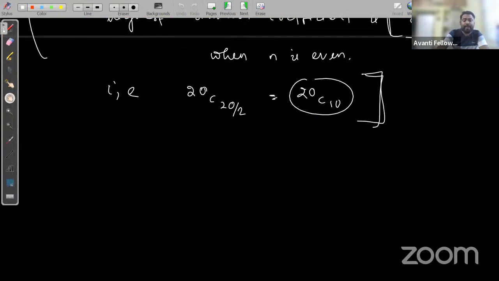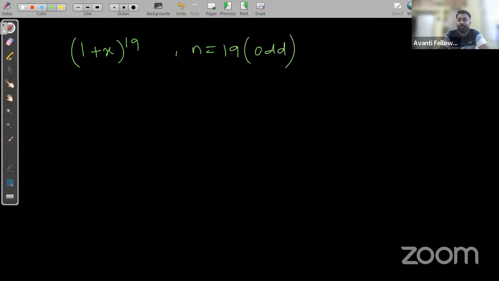What is the expansion given? (1 + x)^19. Here the total number of terms is 20, so n is odd. So we have two middle terms here: the T((n+1)/2) term and the T((n+1)/2 + 1) term.